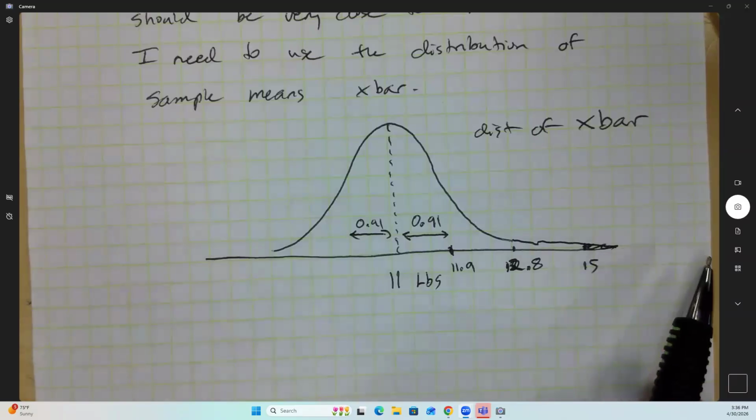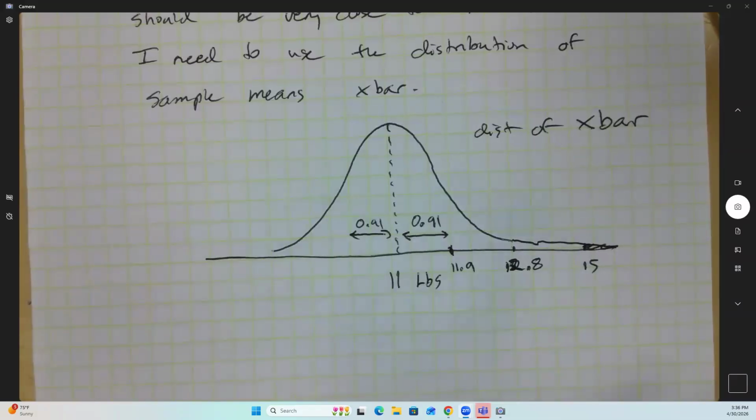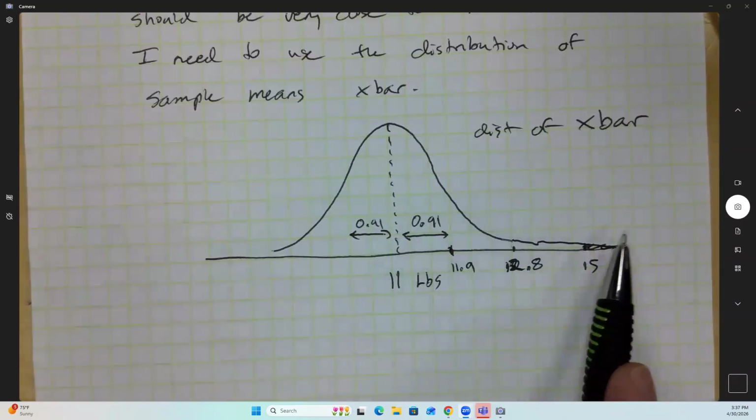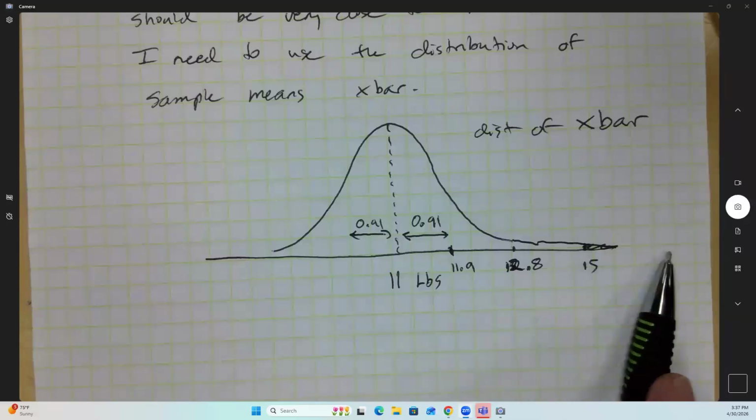Maybe a cat carnival came to town and they were all Maine Coons, which is a large breed of cat. Or maybe there's been a lot of marketing and people are buying a certain type of food that's leaving them overweight. We don't know why it's above what we expected, but since it is way above, it's worth doing more research.